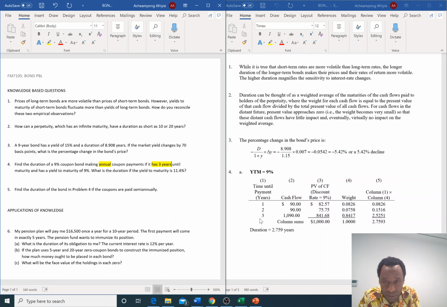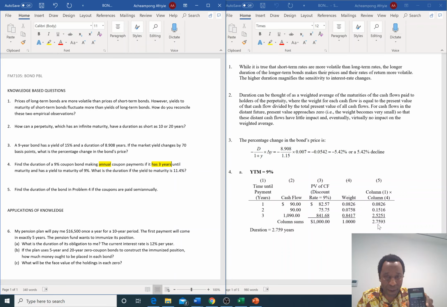Keep multiplying and dividing by the total to find the weights, and then multiply the weight by the time, and add them up. So column 1 times column 4, and then you add them up. We would have been able to do that, but that is quite cumbersome. That's a long process, and that is why we invested in the calculator.